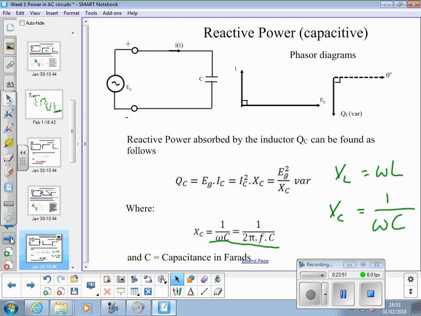Whereas resistance has no involvement with frequency, reactance is a quantity that varies with frequency. But as soon as frequencies change, you've got to recalculate your reactances.